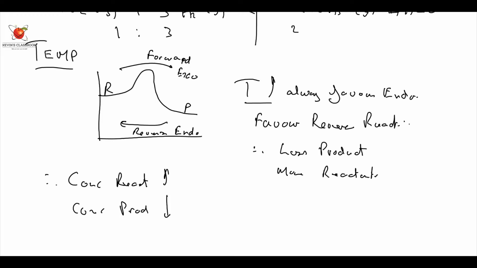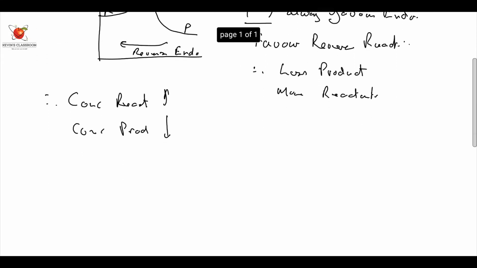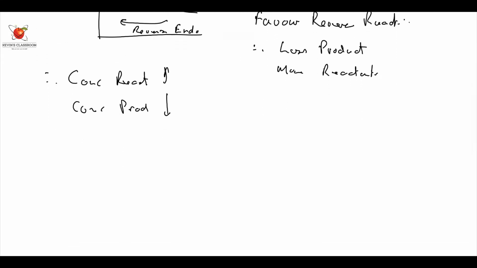Where are we going to use this? We're going to use this when we get to the equilibrium constants. Now, what about if T goes down? T going down favors the exo in this case.